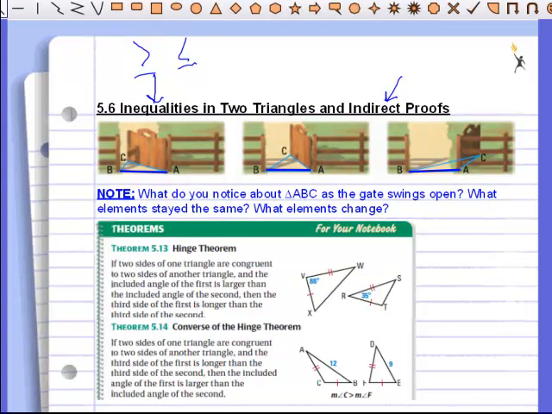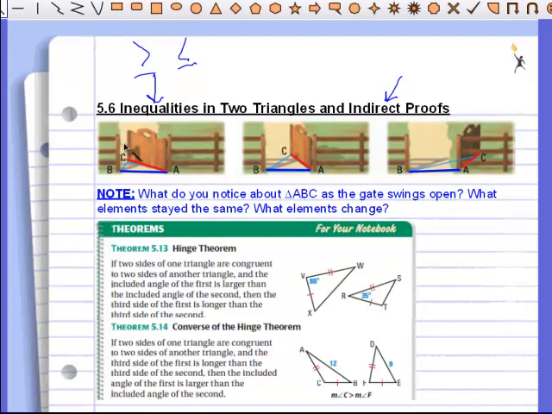My other comment is this. Did the door's size change, or did AC change? And the answer is no. The width of the door stayed the exact same the entire time, meaning AC did not change once, even though the door swung open.